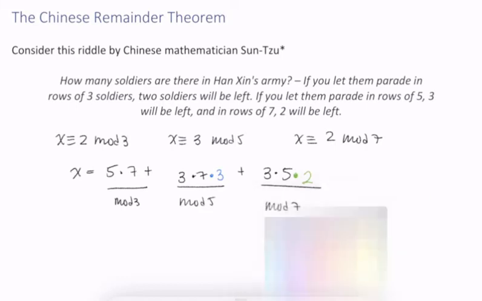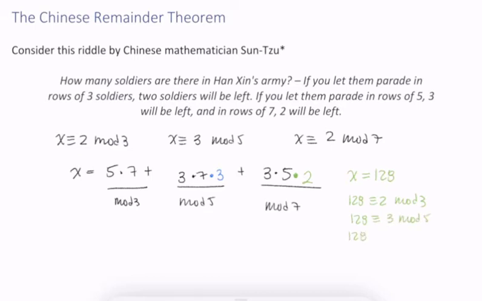All right, so what is x now? X equals 128. So let's go ahead and check all our criteria. 128 is equivalent to 2 mod 3. 128 is equivalent to 3 mod 5.